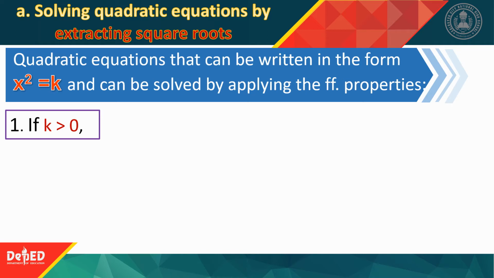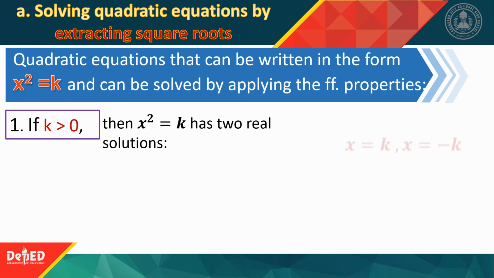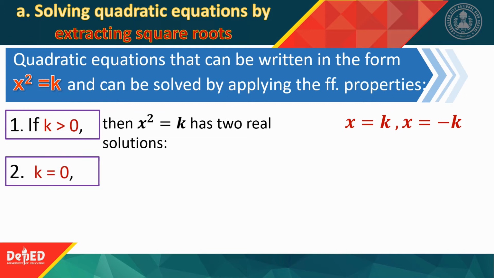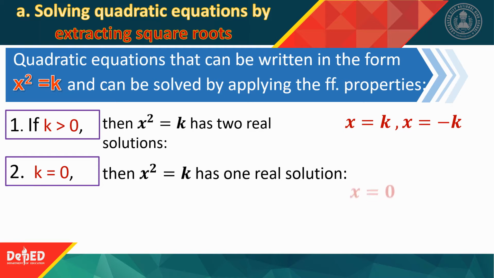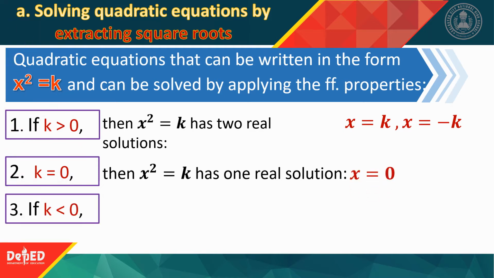If k is greater than 0, then x squared is equal to k has two real solutions. So x is equal to square root of k and x is equal to negative square root of k. If k is equal to 0, then x squared is equal to k has one real solution: x is equal to 0. If k is less than 0, then x squared is equal to k has no real solution.